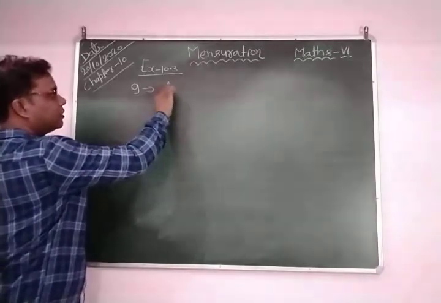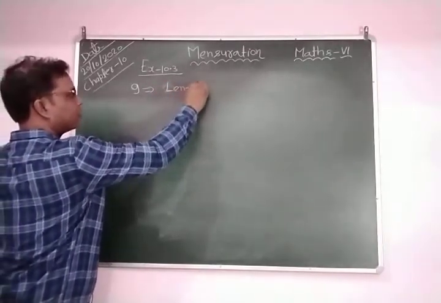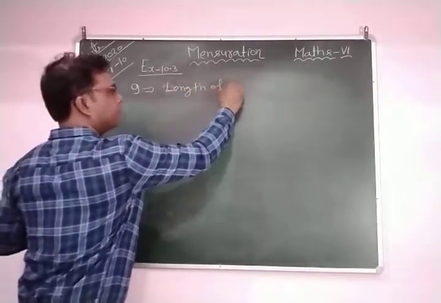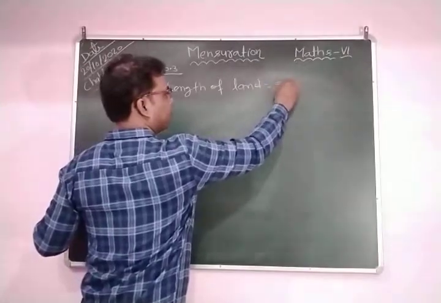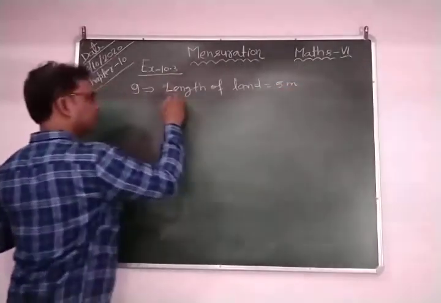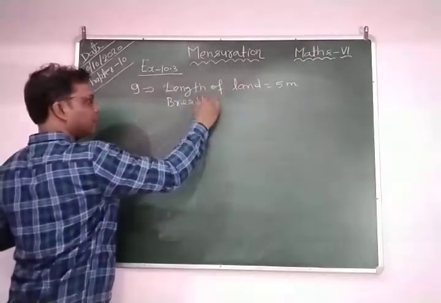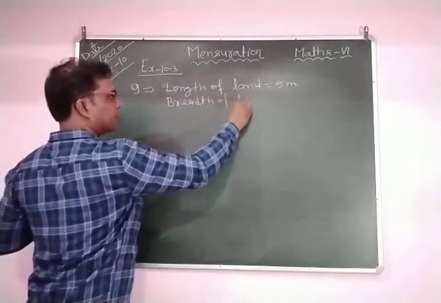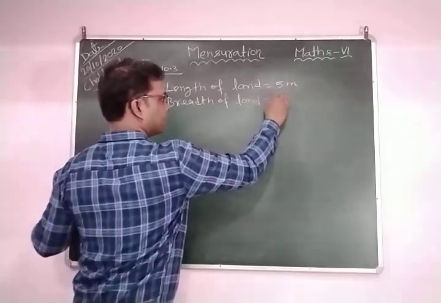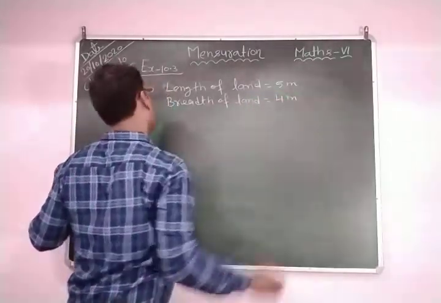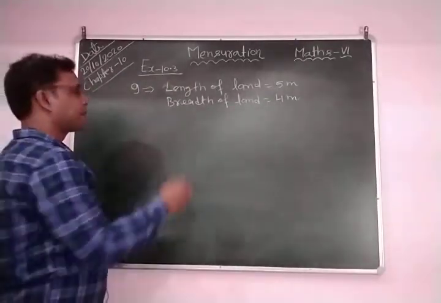The length of land is given as 5 meter, and the breadth of land is also given, 4 meter. So you can find here the area of land.